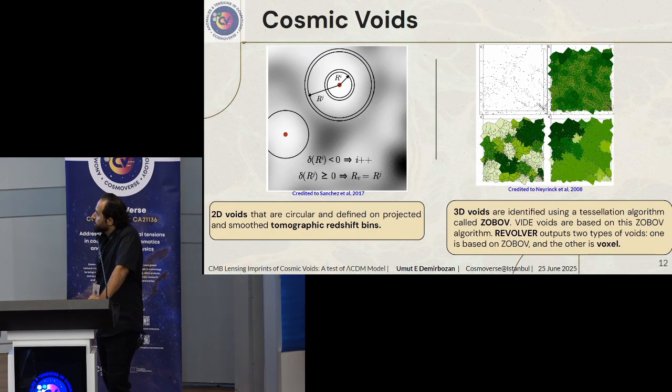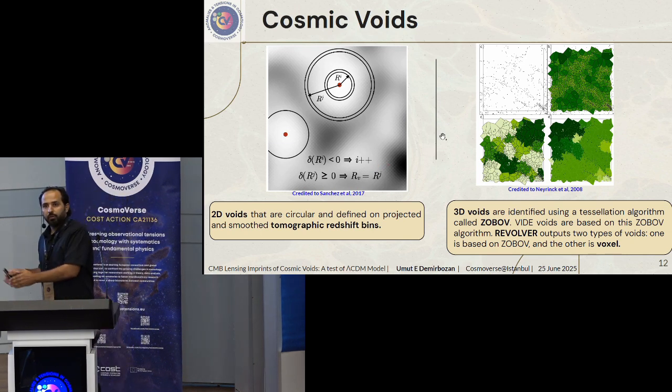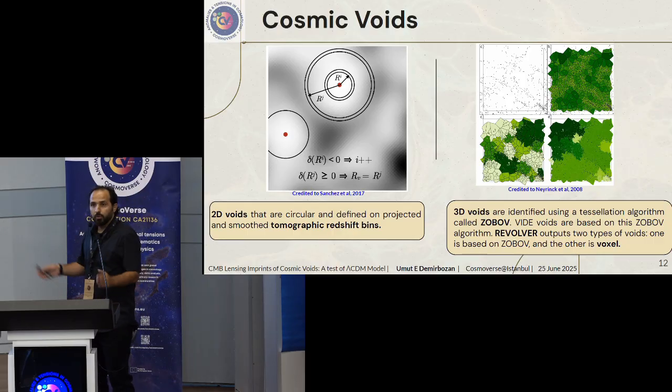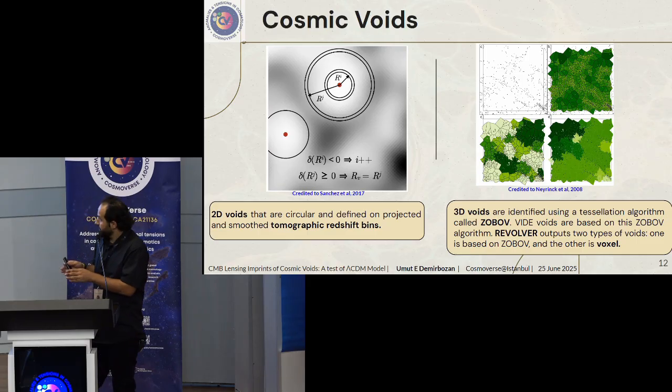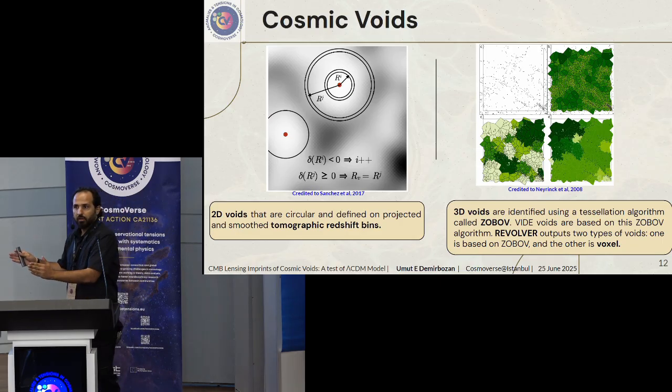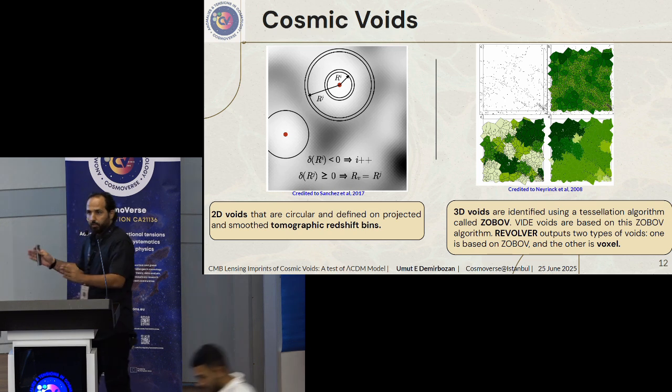So let's introduce some cosmic void finders. On the left, you now see a so-called 2D cosmic void finder. That is defined in tomographic redshift bins. You have the tomographic redshift bins in your survey, you project, and then you have a galaxy density map. Based on this galaxy density map, you identify each minimum, then you take a circular shell around it and increase this circular shell until the mean density within the shell reaches the mean density in that redshift bin that you projected before.